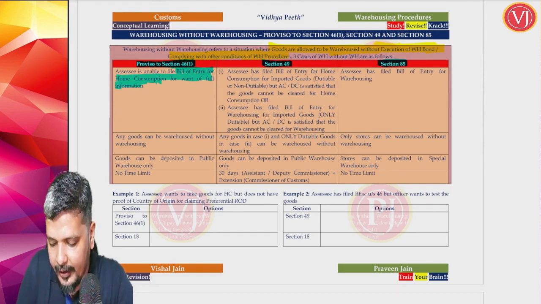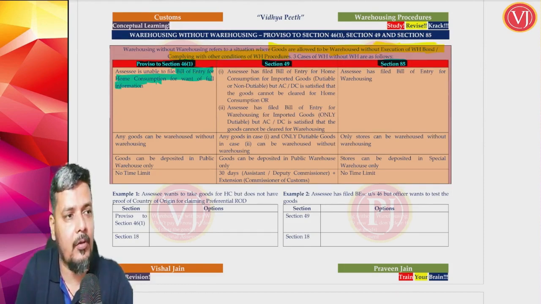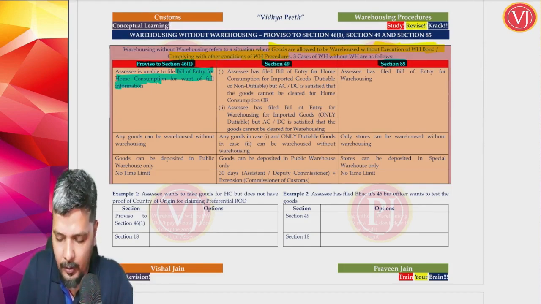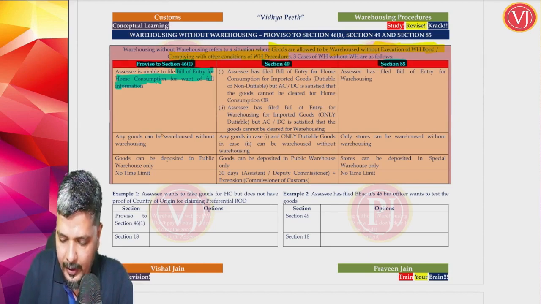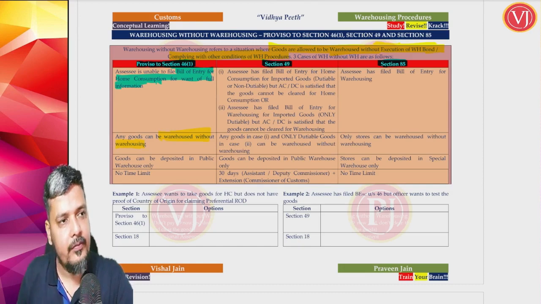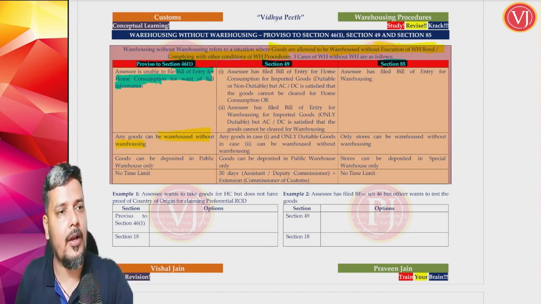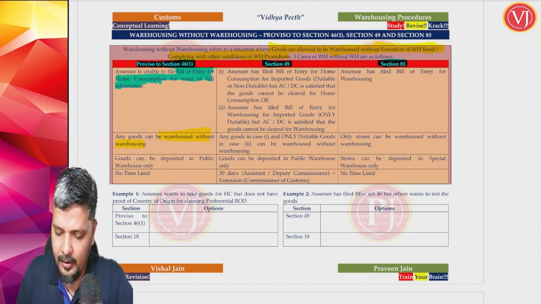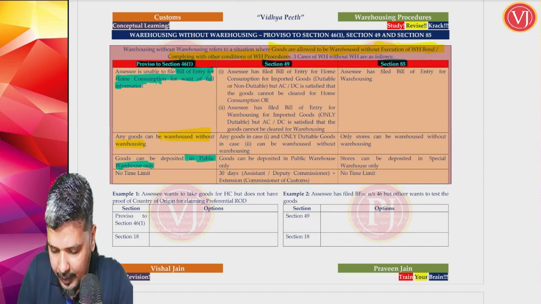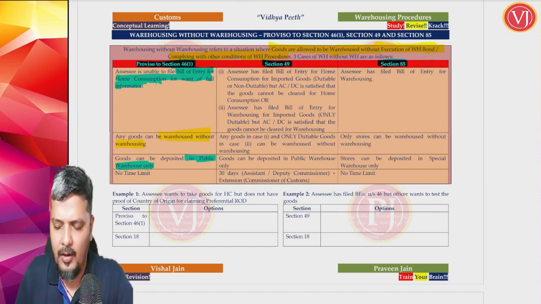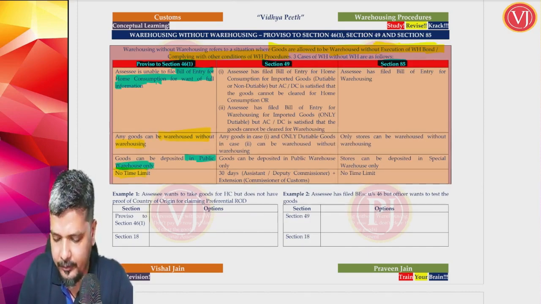He wants to clear the goods for home consumption, but he is not able to file it. He can take any goods for warehousing without warehousing. Goods will be taken to warehouse, but without any bond or warehousing procedure. But he can take any goods only to a public warehouse. And there's no time restriction and all.